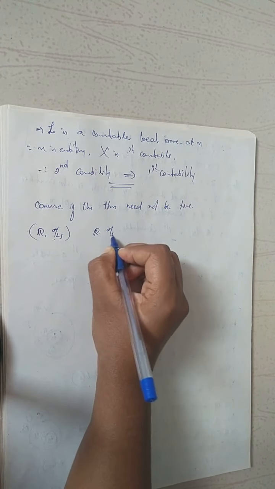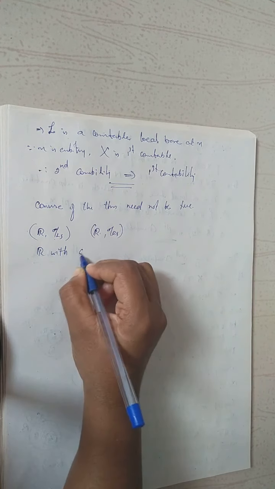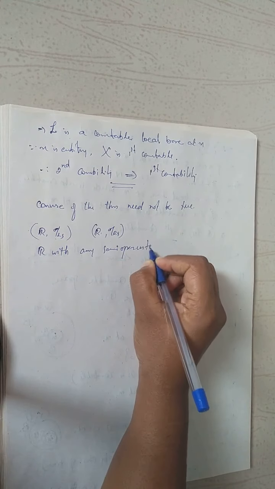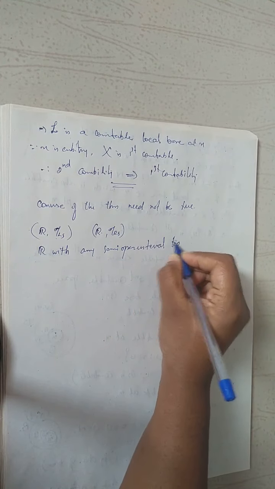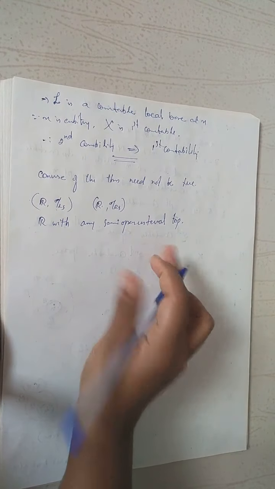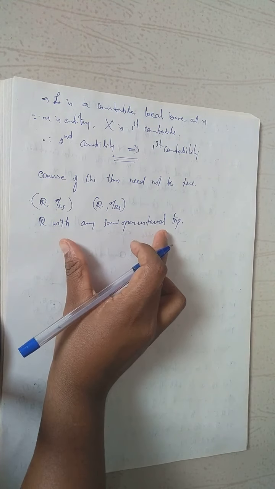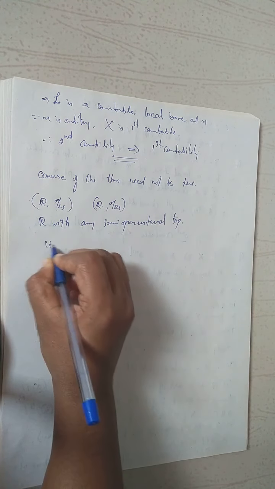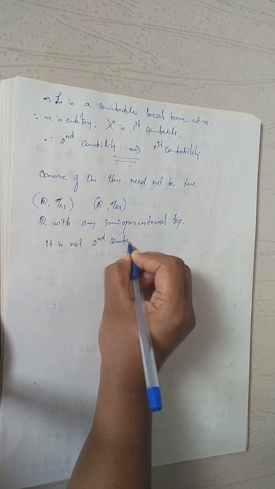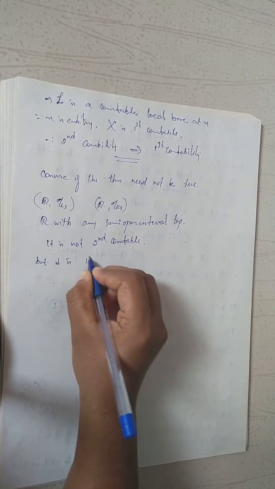This is not second countable. We already proved that this topological space is not second countable. But I can prove that it is first countable.